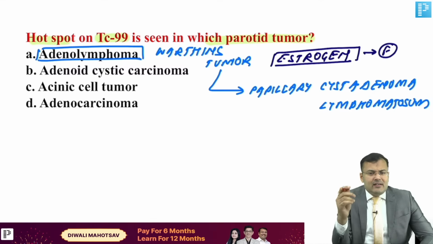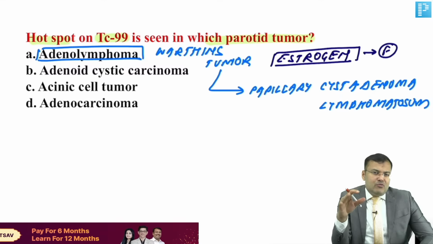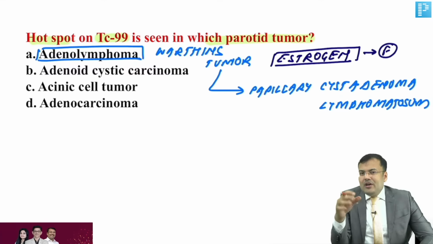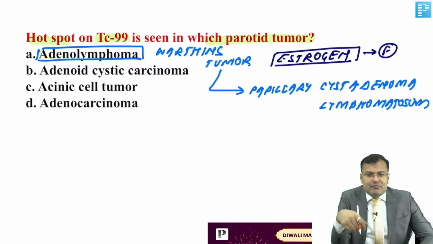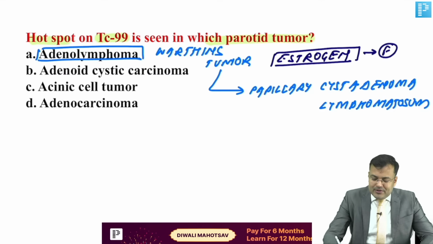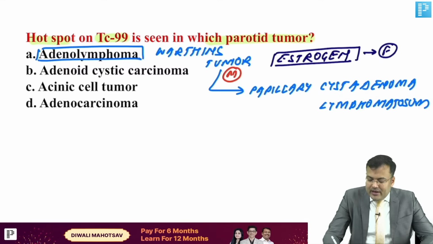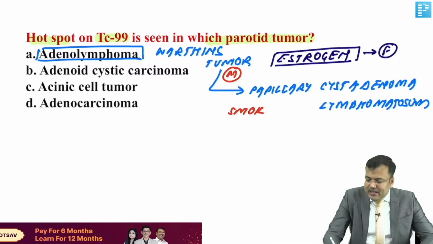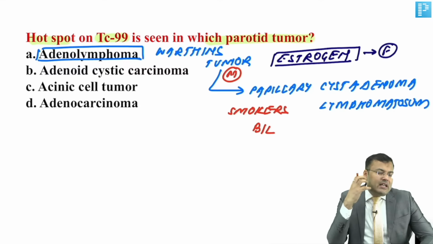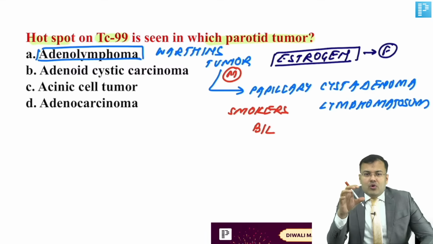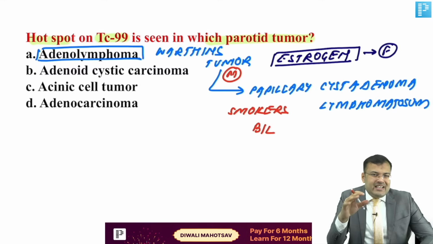I was telling that estrogen is a risk factor for most of the salivary gland tumors. That is why most of the salivary gland tumors are more common in females. Only one exception is there. Which one? Warthin's tumor. It is more common in males, remember. It is more common in smokers. It can be bilateral. All salivary gland tumors give a cold spot on technetium pertechnetate scan.